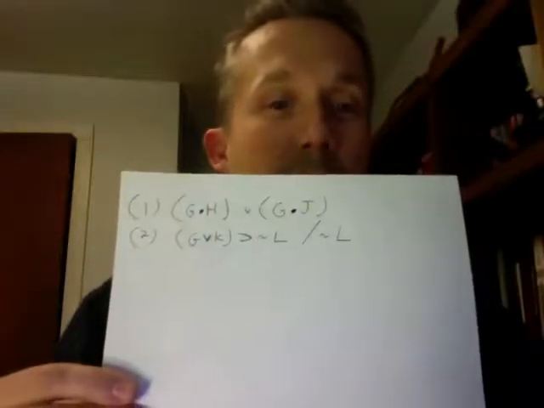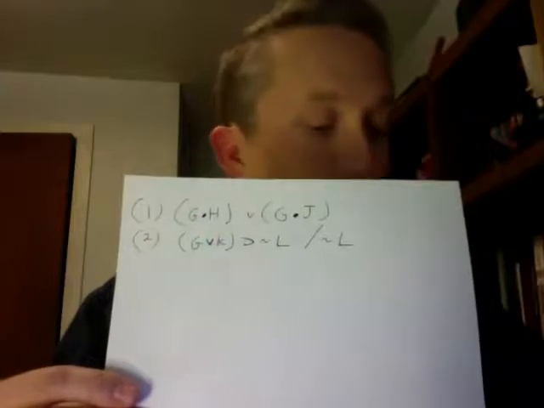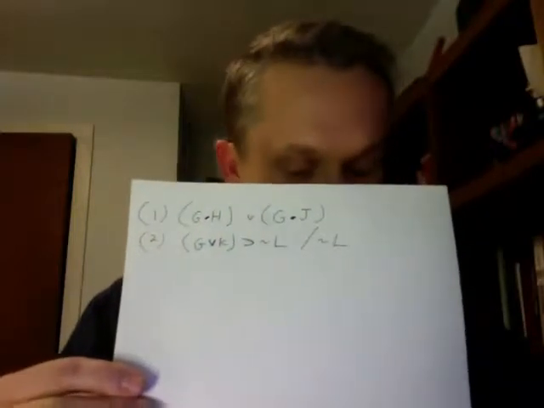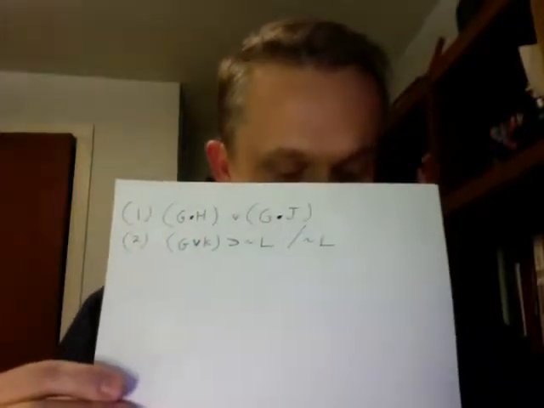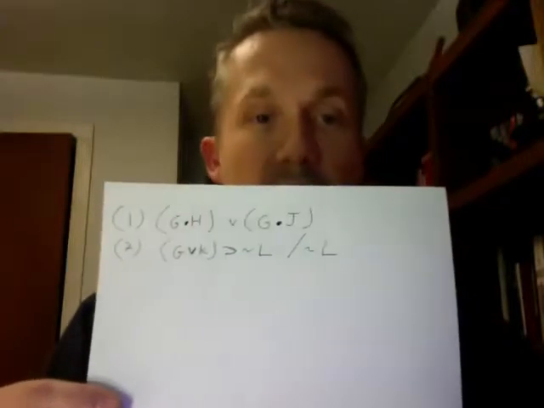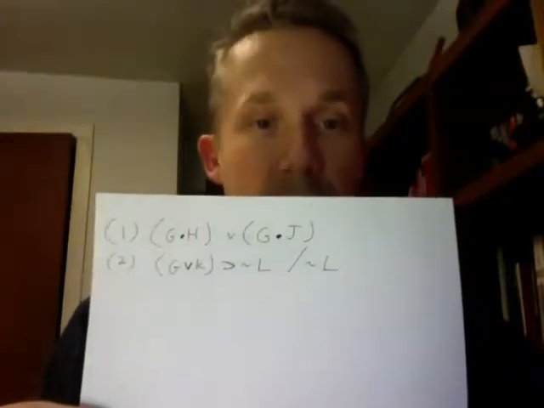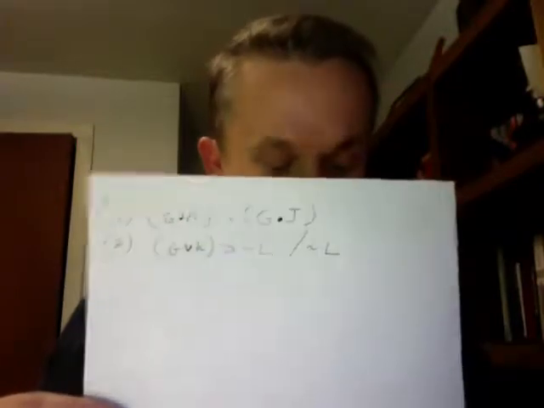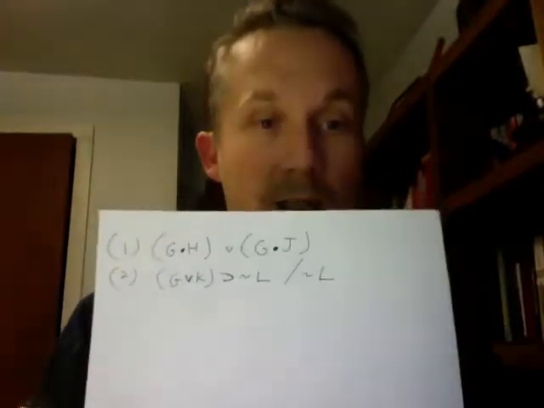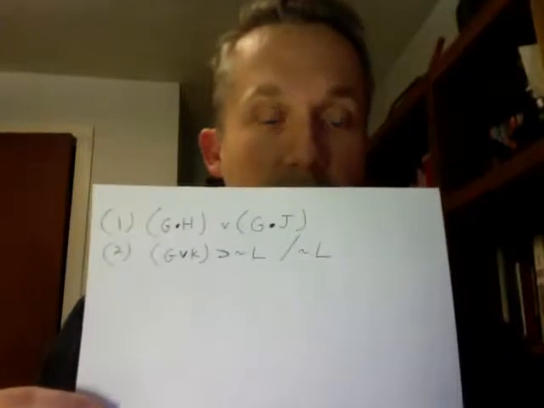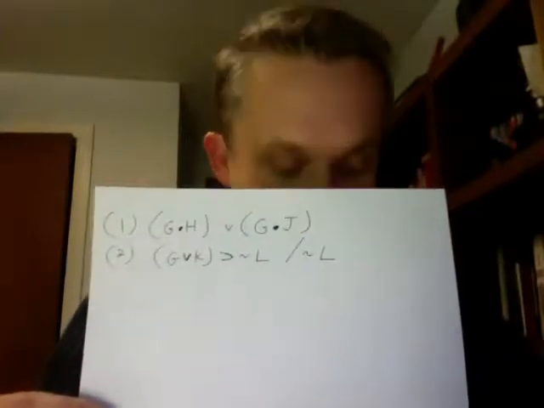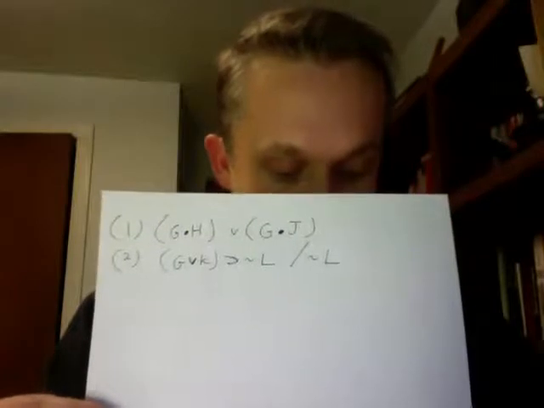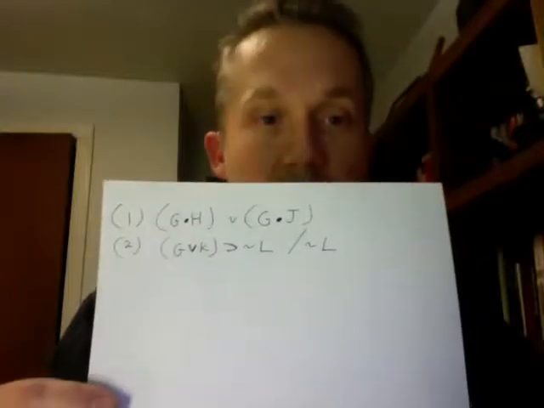So I look at the first premise, and I look at my rules here, and I try to find a rule that will allow me to change around that first premise. What I find is distribution. I see the rule of distribution will allow me to change the first premise into a new form. So my third line will look like this.